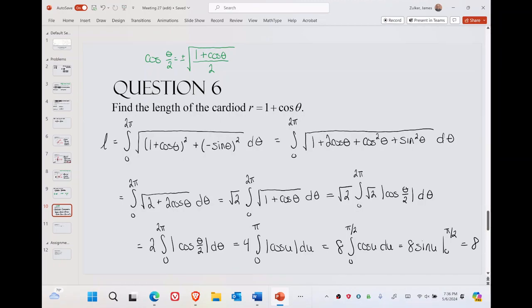That is because an integral is a signed area. So the two areas are equal but opposite signs, so they cancel each other out. That's why that plus or minus is important.